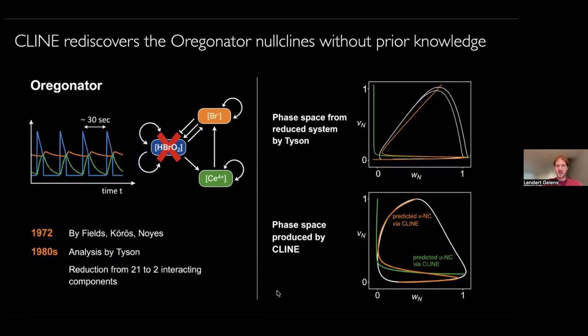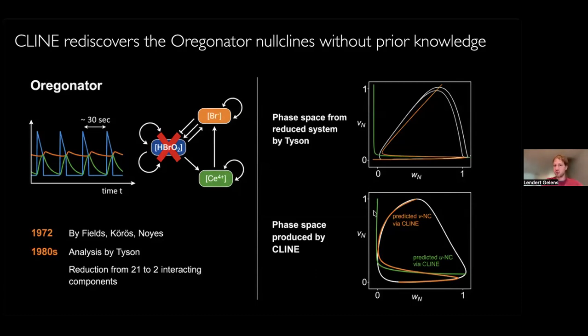The top right shows the phase space and the null Kleins from Tyson's reduced Oregonator model. And the bottom right shows what Klein produces from these raw experimental data. Without prior knowledge and no reduction, just time series in, you get the null Kleins out. And I think the agreement is quite nice.